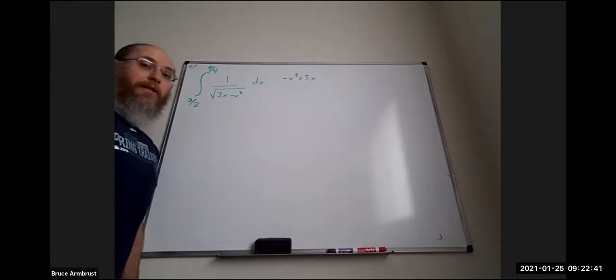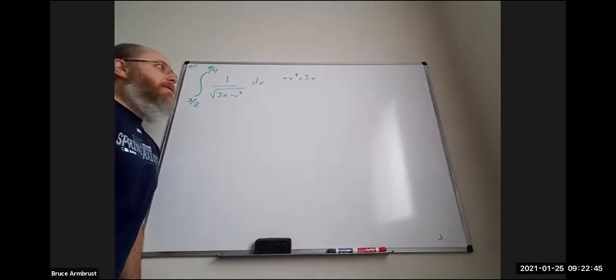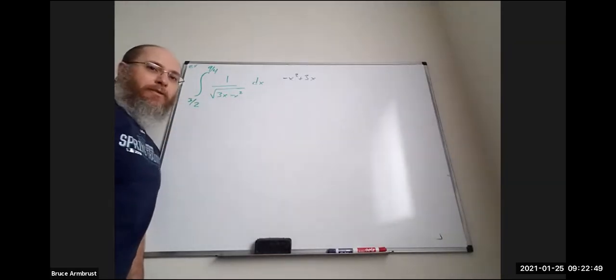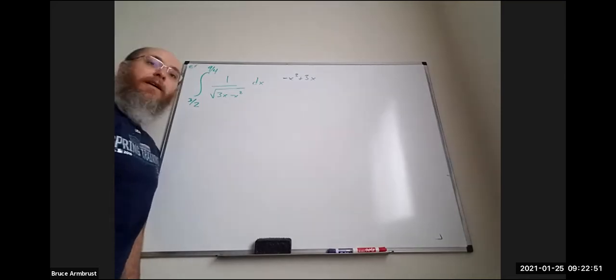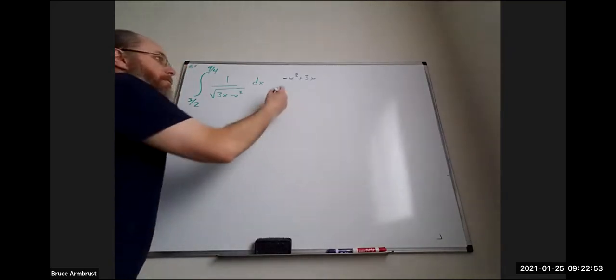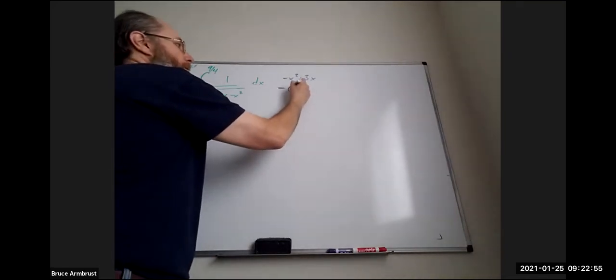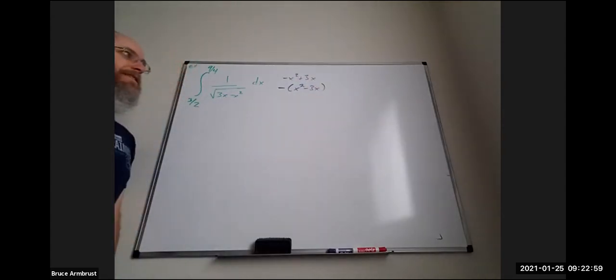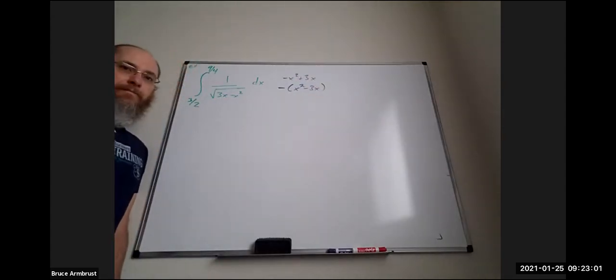Okay, so let's complete the square on it. So first things first, notice that the x squared is not 1x squared, it's minus 1x squared. So we have to factor that out first. So if I pull out a minus sign, it just changes the signs on those two pieces.